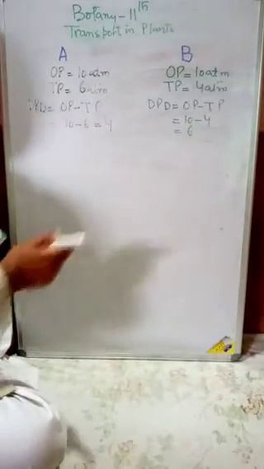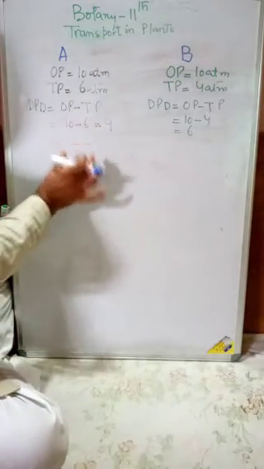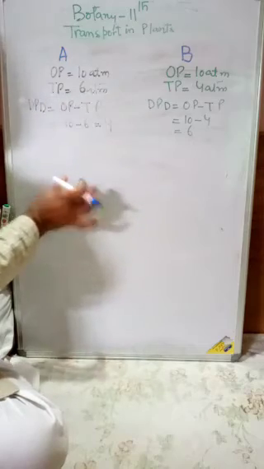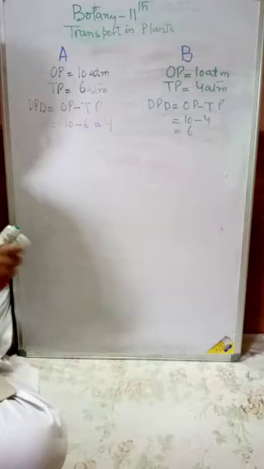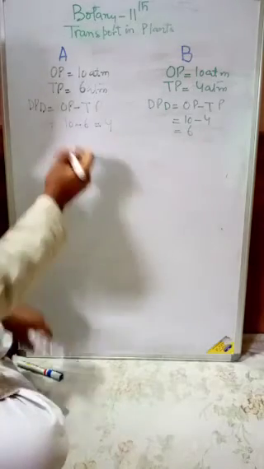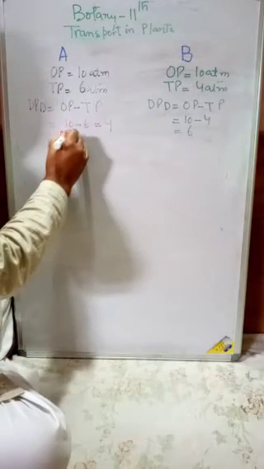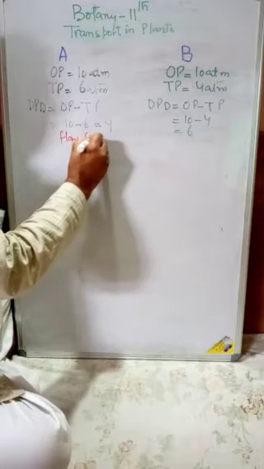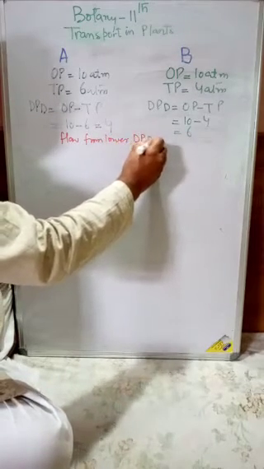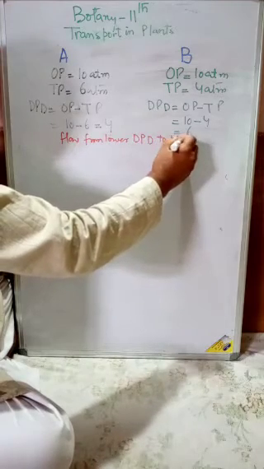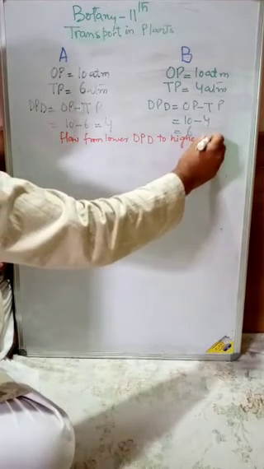We know that if we look at the calculation, water will flow from lower DPD to higher DPD.